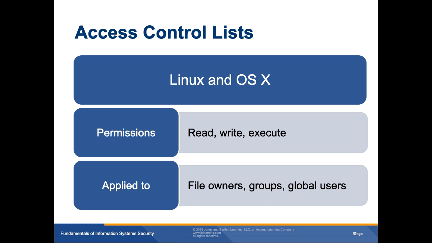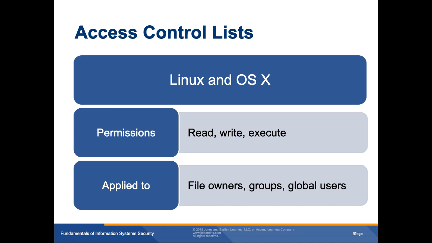Each file has a group that has access to the file, and it has read, write, or execute. And then every file has the global users, or anyone else, and they have read, write, or execute.